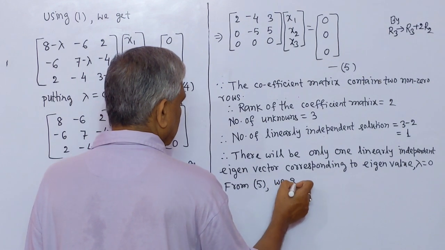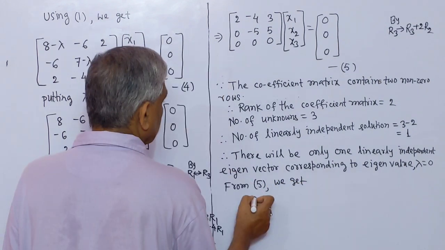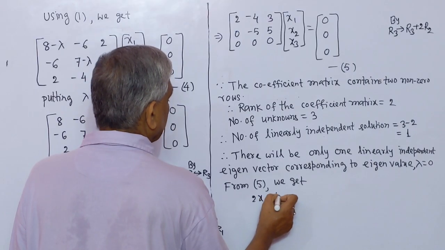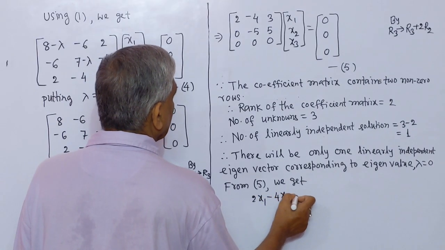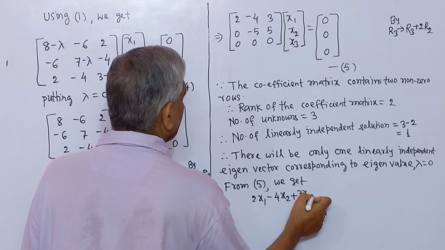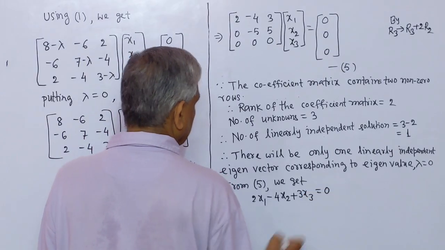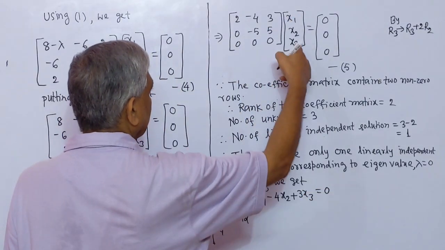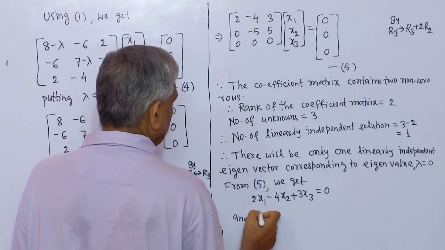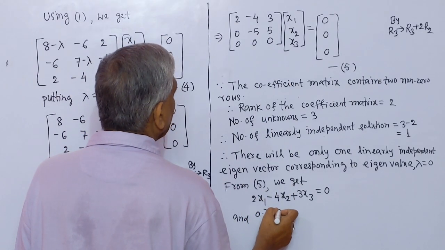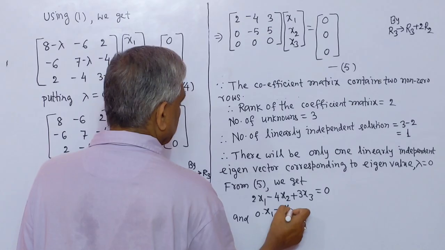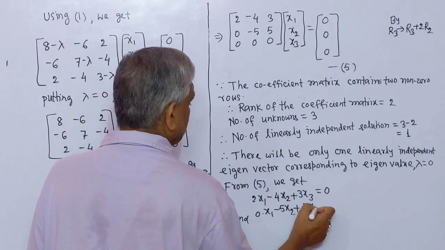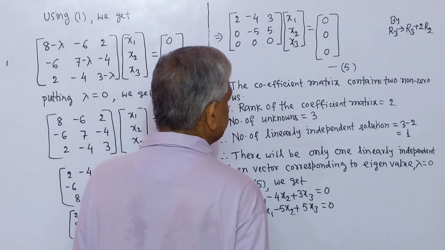From 5 we get 2x1 minus 4x2 plus 3x3 equal to 0, and 0x1 minus 5x2 plus 5x3 equal to 0.